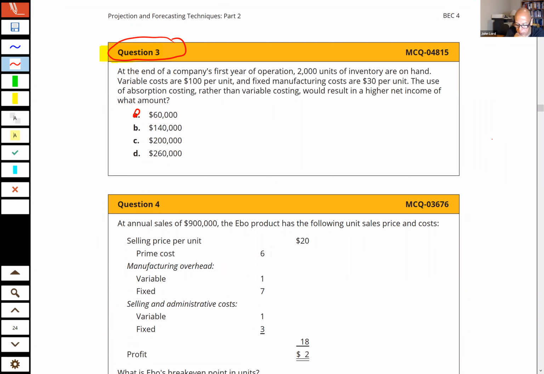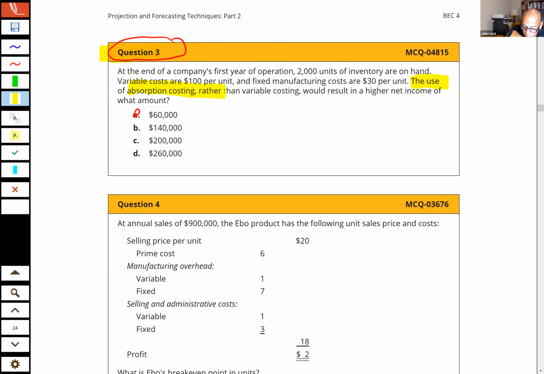This was kind of a generous question, because they tell us the use of absorption rather than variable costing would result in higher net income of what amount? This question could have given you amounts that maybe would be lower or higher, and then you'd have to remember our rules: if the inventory is increasing, absorption will have a higher income.